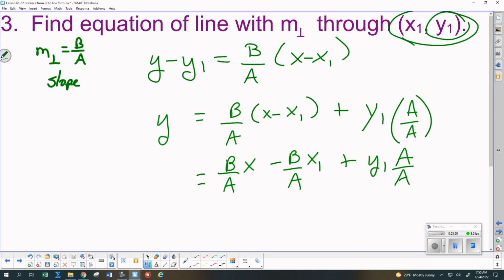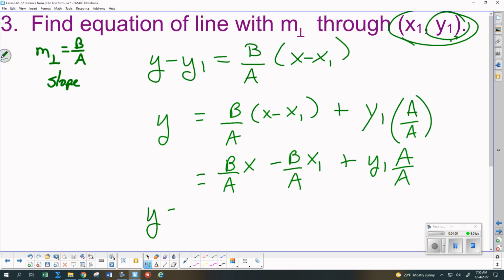Out of this, a and b were numbers in the original equation. They were the coefficients of the x and the y. x1 and y1 are numbers. They are the coordinates of the point. The only variable I have on this right-hand side is the x.